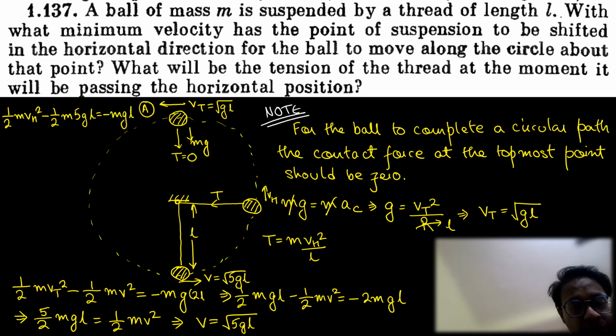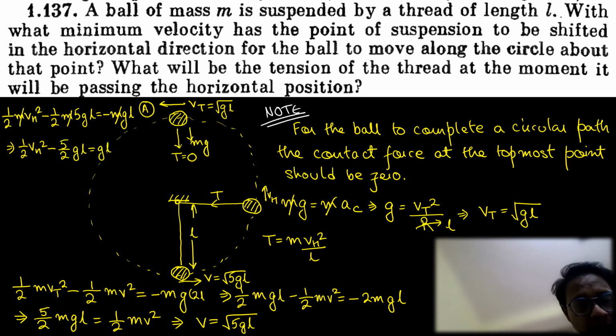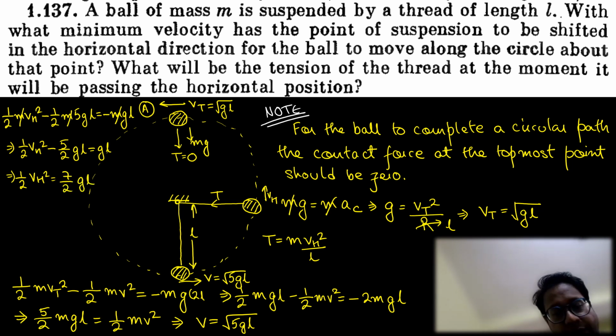So m and m will get cancelled. Half vh square minus 5 by 2 gl is equal to gl, or half vh square is equal to, if I send the 5 by 2 to the right hand side, gl plus 5 by 2 gl, and 1 plus 5 by 2 is nothing but 7 by 2 gl.